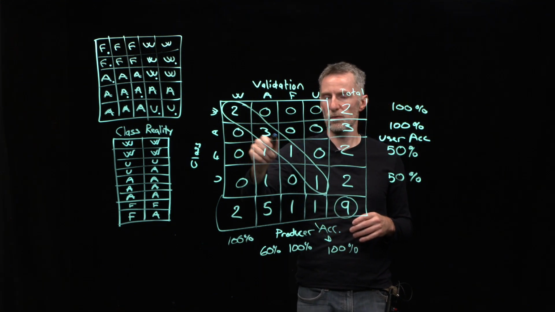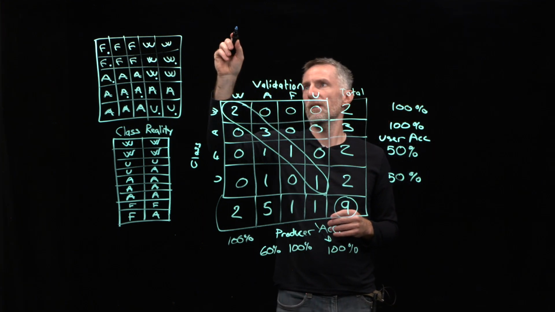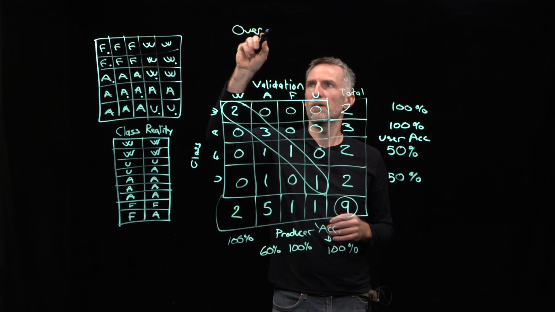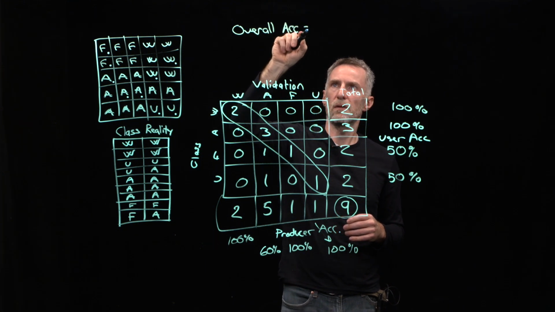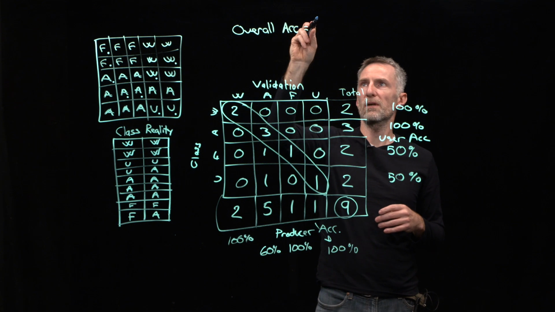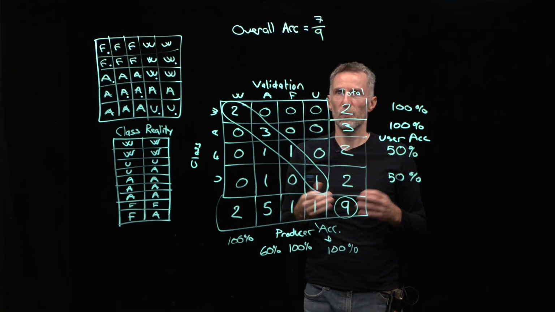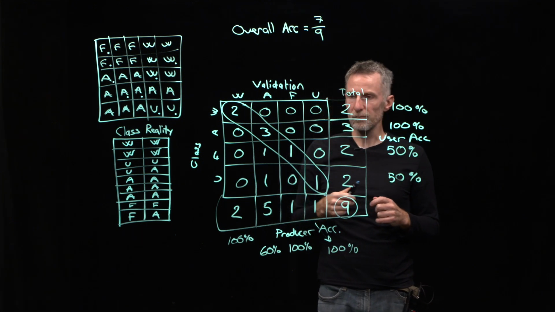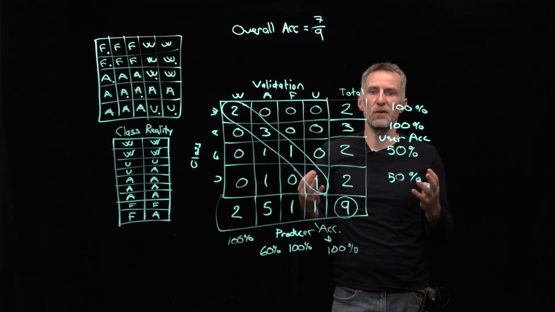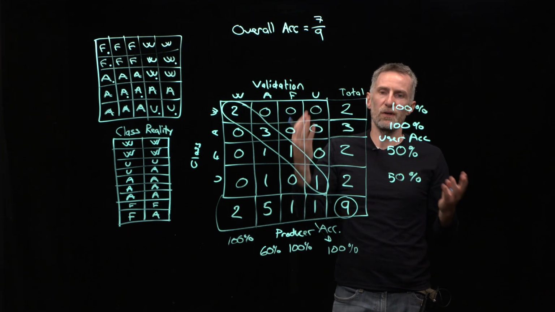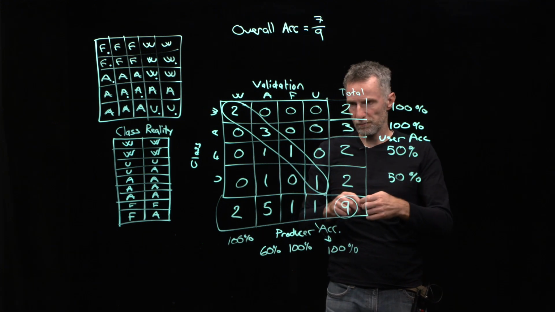So in this case, we got 2 plus 3 plus 1 plus 1, that's 7, divided by 9. So we have an overall accuracy of 7 out of 9. We typically express it in percentages. So this tells you essentially if you go to any pixel on the map, you have a 7 out of 9 chance that it's actually correctly classified.